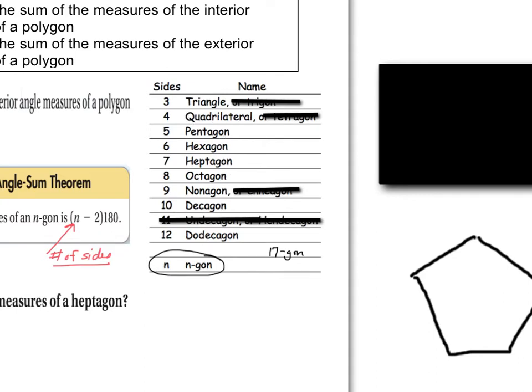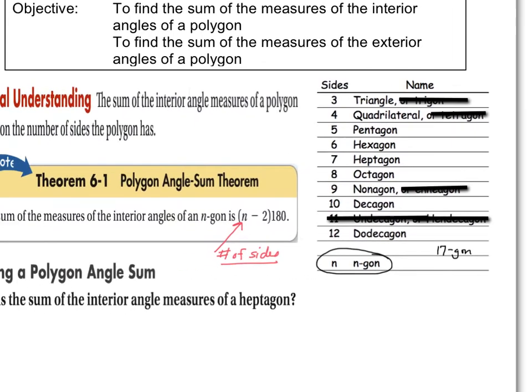Now, we do not have a name for an 11-side figure, but once we get past 12, to 13, 14, and so forth and so on, we call it an n-gon. So, for example, a figure with 7 sides is a heptagon. A figure with 8 sides is an octagon, so forth and so on. Okay, so we have specific ways to name different polygons.